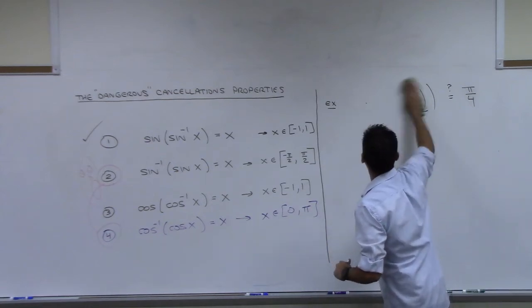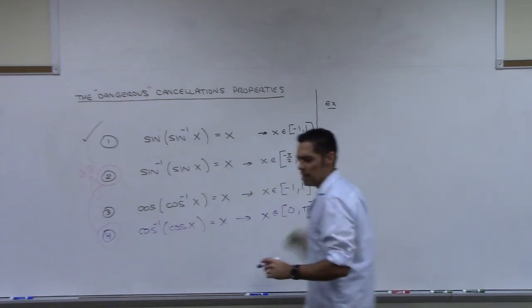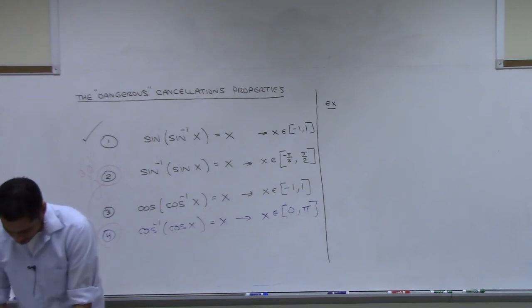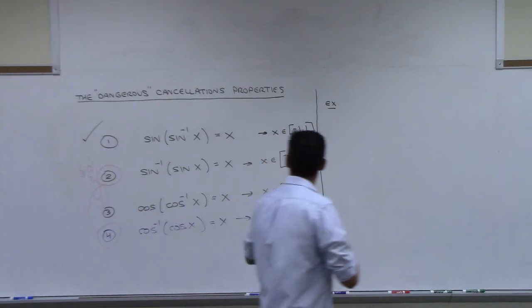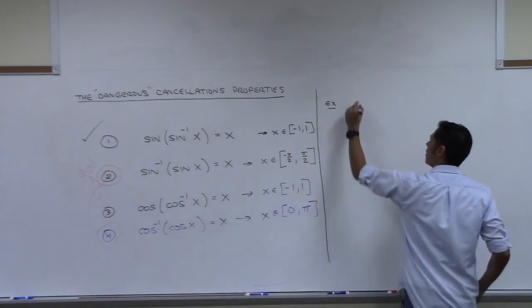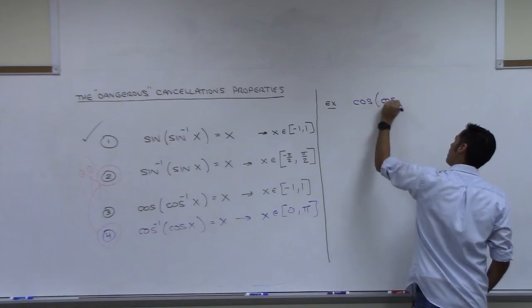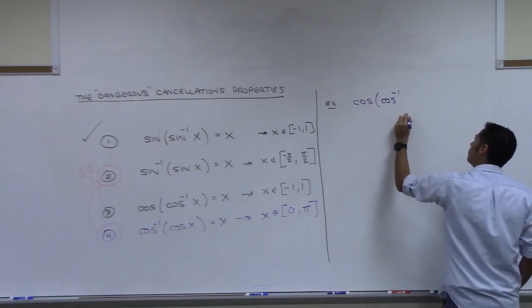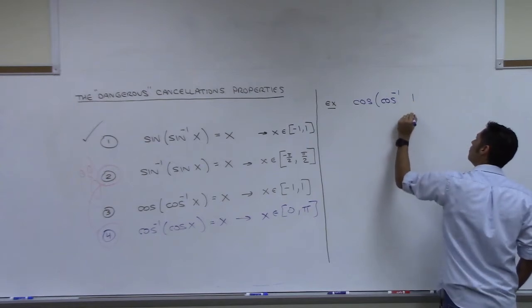We have some time. I'd like to give you a few examples to work on your own. Well, with each other. How about that? Let's try this. I want to see how you do with this. What's cosine of cosine inverse of 1?